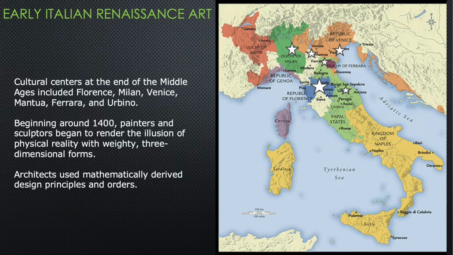Beginning around 1400, painters and sculptors began to render the illusion of physical reality with weighty three-dimensional forms. Architects used mathematically derived design principles and orders. So this description of what the painters did should remind you of Giotto with his weighty three-dimensional forms in his paintings. When we looked at Giotto, I said, this leads right into the Renaissance.